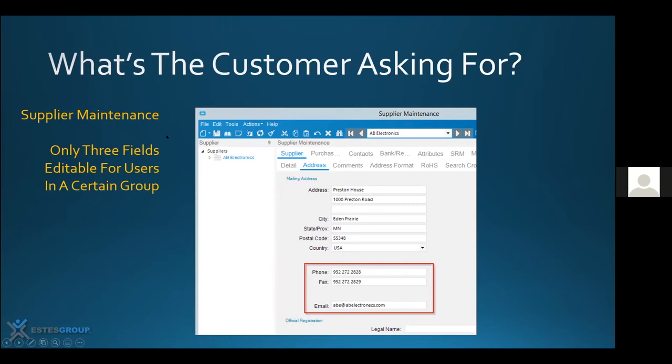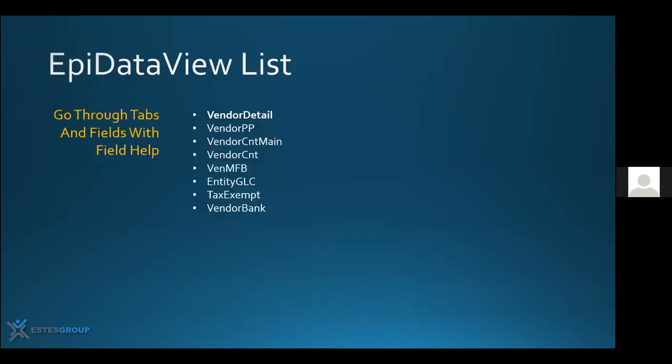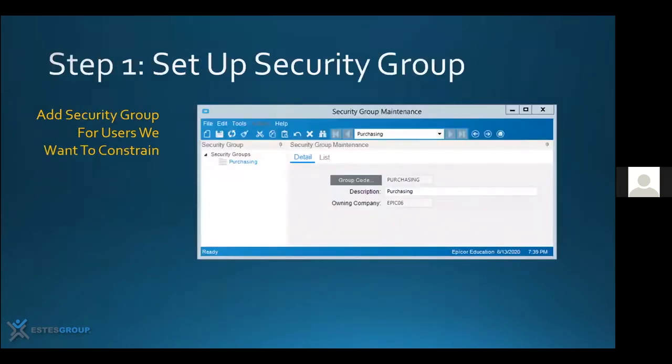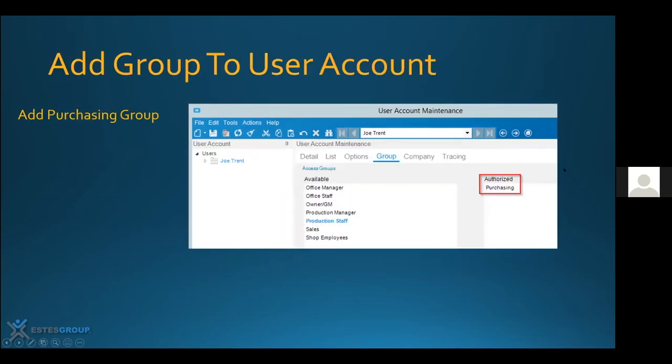So I've got to treat it special. Well, the first thing I did was set up the security group Purchasing. They wanted the purchasing group to go through and be able to change those 3 fields. And then I went and added that group to the user account.